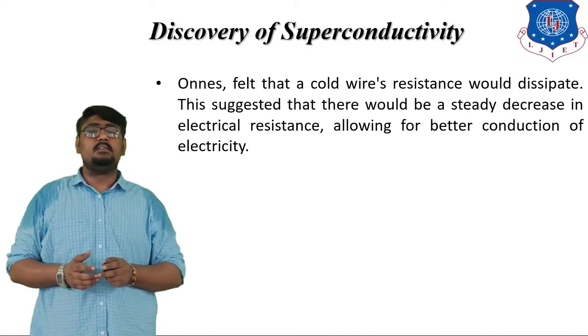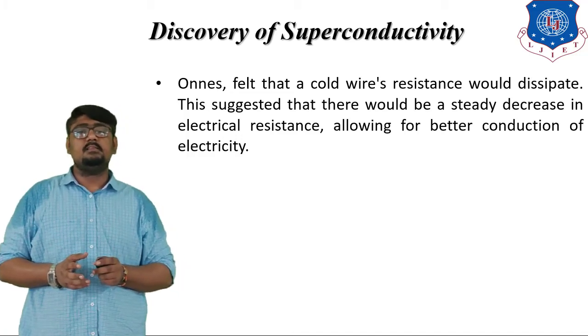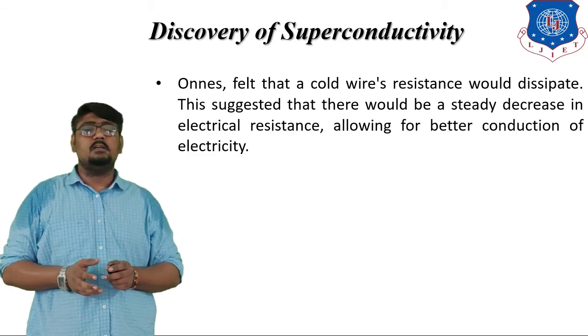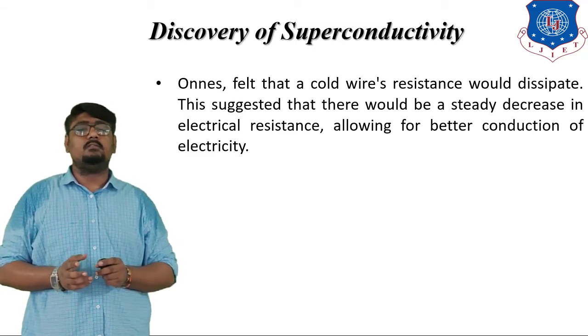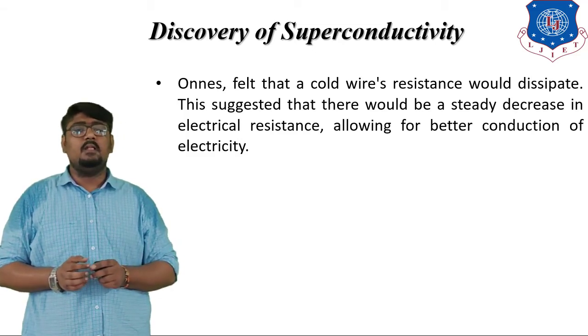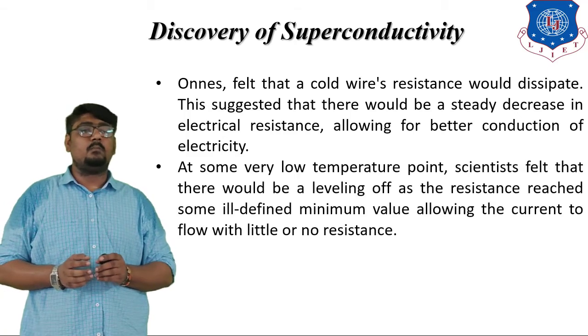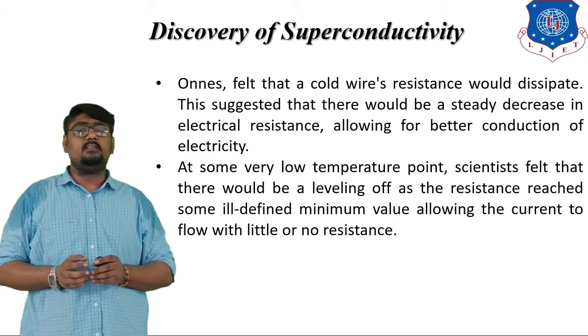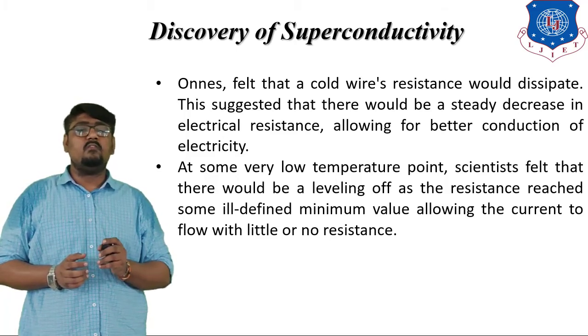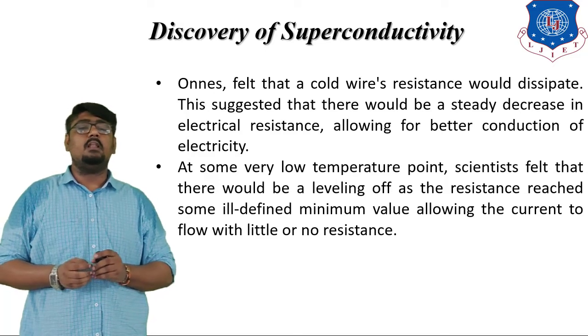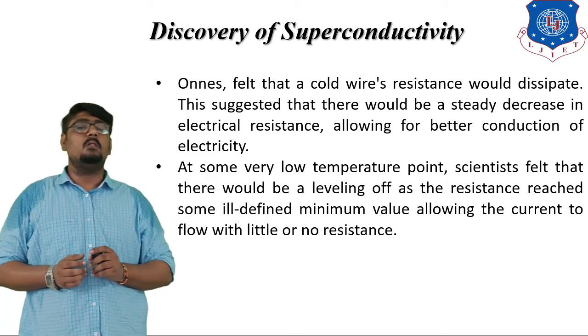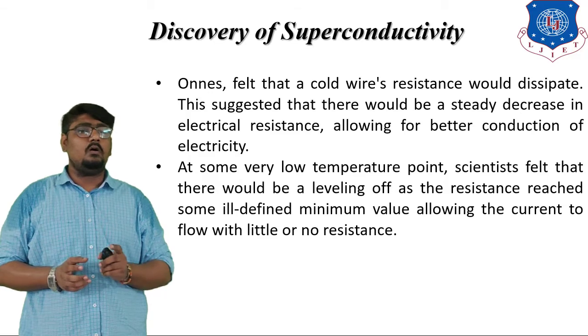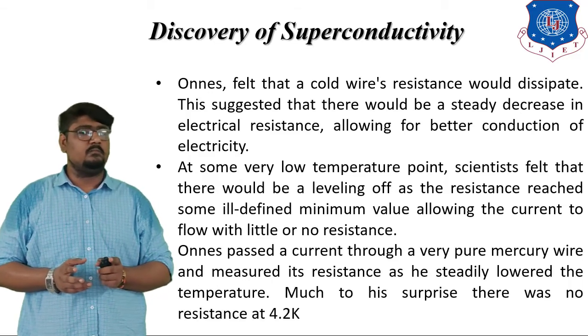This suggested there would be a steady decrease in electrical resistance, allowing better conduction of electricity. At some very low temperature, scientists felt there would be a leveling off as the resistance reached some ill-defined minimum value, allowing the current to flow with little or no resistance.